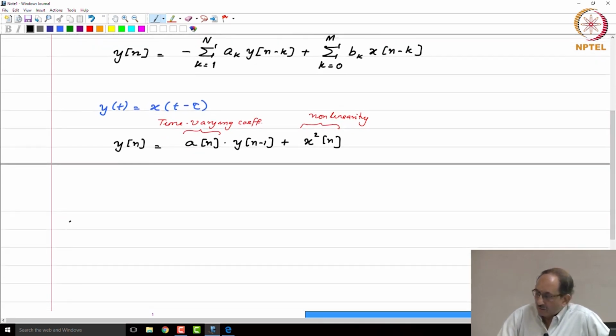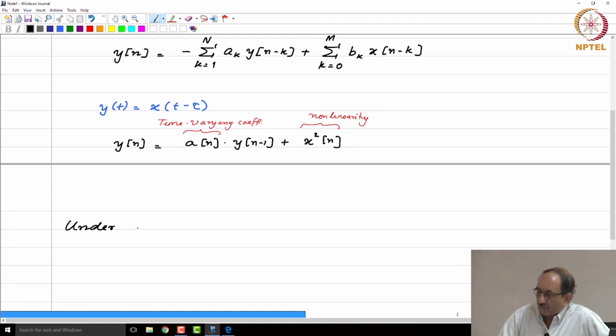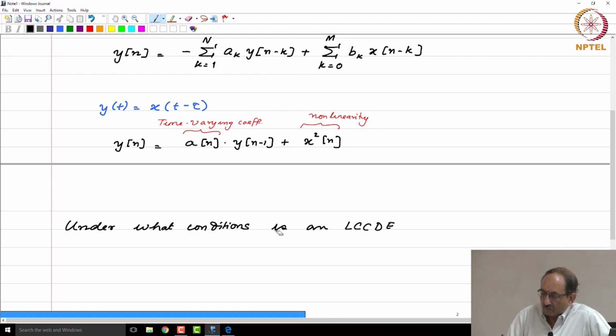So, the question to ask is, under what conditions does an LCCDE represent an LTI system.